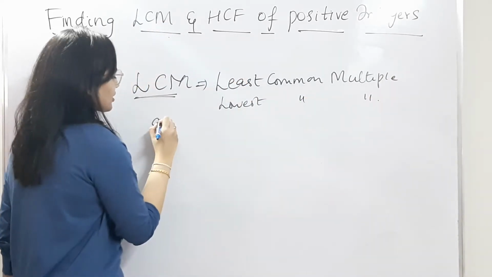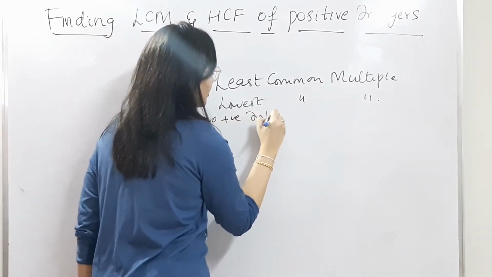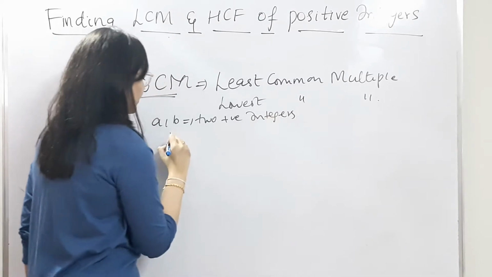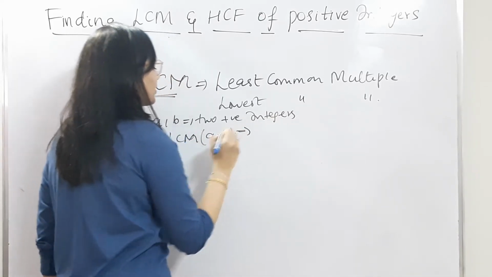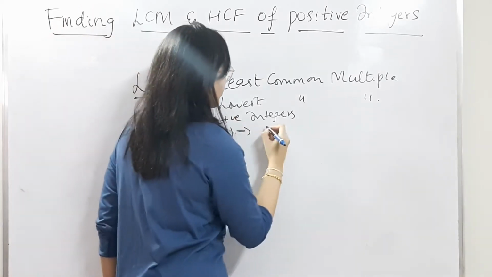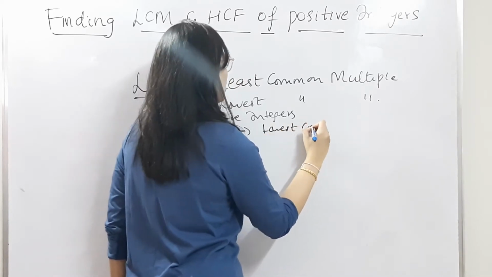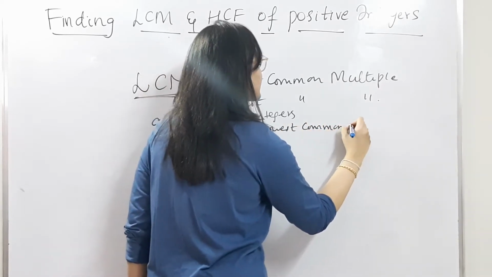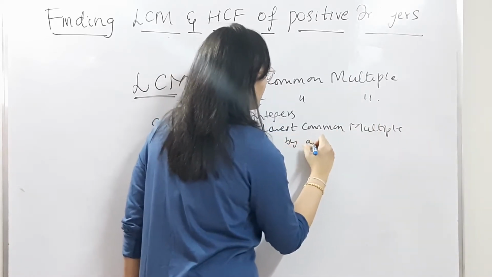So when A and B are two positive integers, the LCM of A and B is the lowest common multiple that is evenly divisible by A and B.